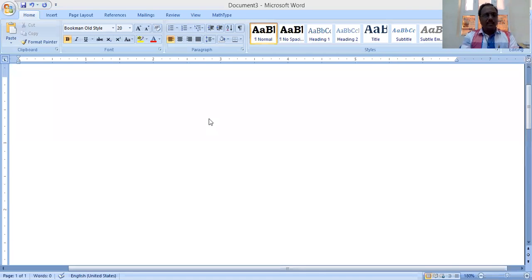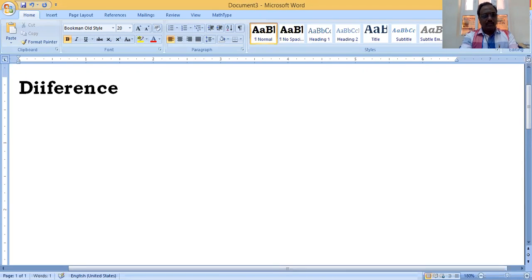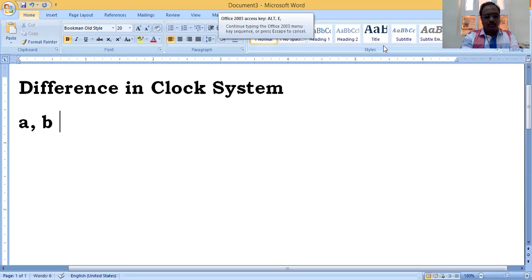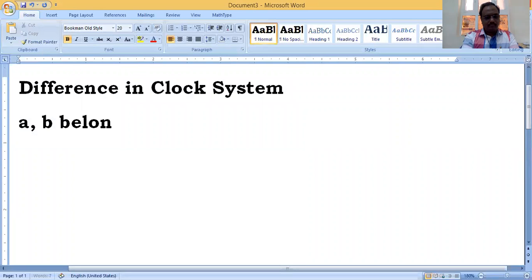See, for this, we are going to define the difference in clock. How are we going to define it? For example, I have two elements A and B belonging to the clock system.